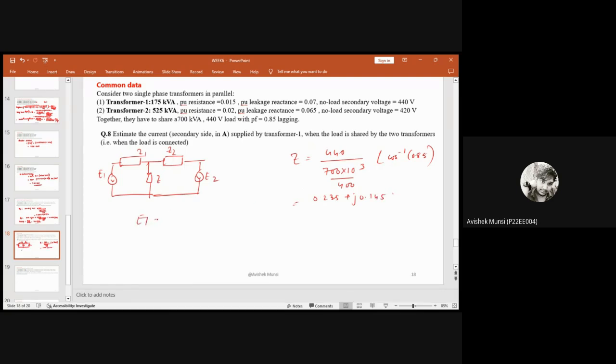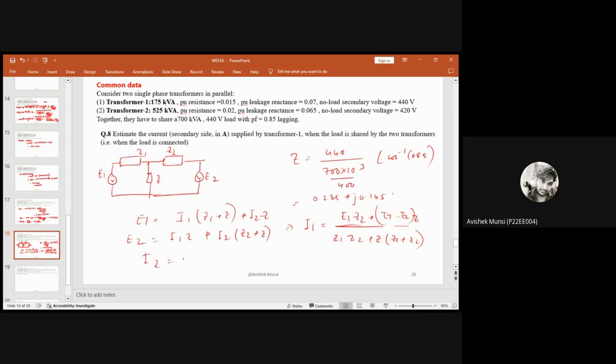So the EMF E1 will be I1 (Z1 plus Z) plus I2 Z. E2 will be I1 Z plus I2 (Z2 plus Z), right? So basically, if we solve it, finally we get that I1 is E1 Z2 plus (E1 minus E2) Z over Z1 Z2 plus Z(Z1 plus Z2).